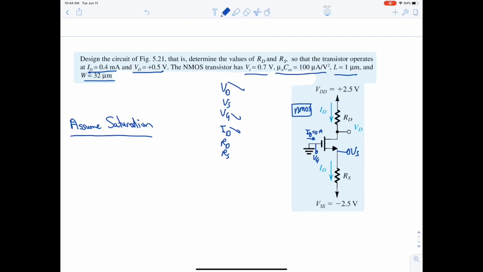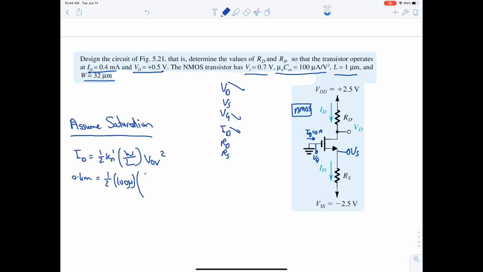Okay? So ID for saturation is half Kn prime W over L VOV squared. ID is equal to 0.4 milli. Half Kn prime is mu NCOX, and it's equal to 100 micro.